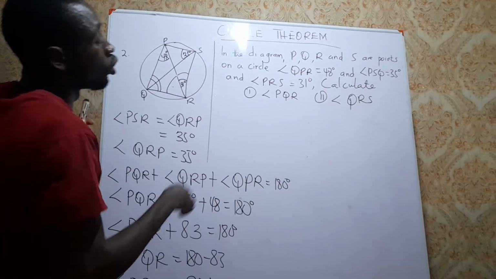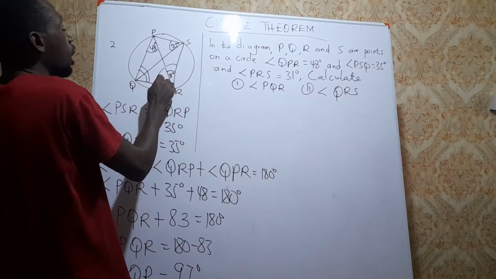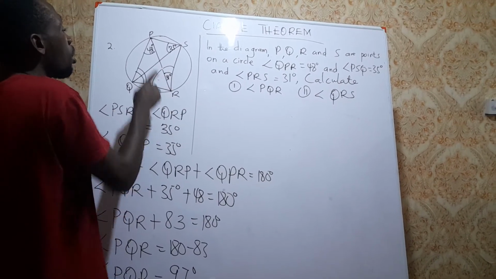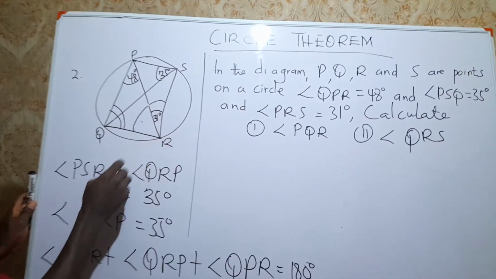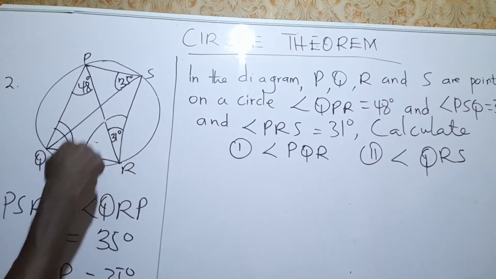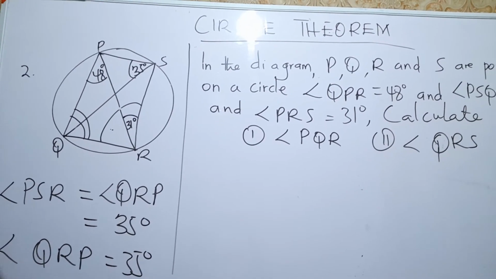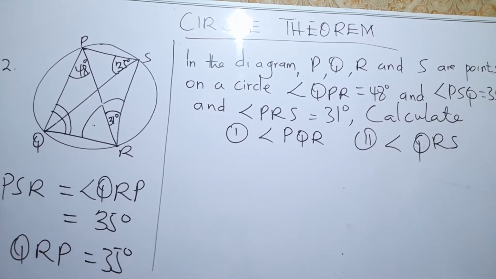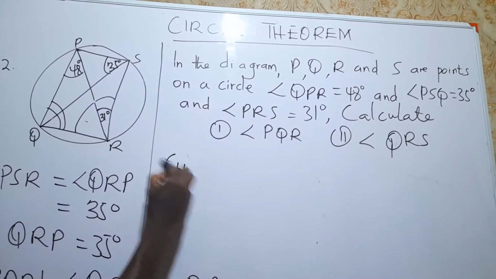Now the next one, they say we should find angle QRS. Angle QRS, the whole of this angle. But we already know this angle, PRS. So this angle plus this angle will give us the whole of that. Very easy. So this is our first one. Then the second one here.